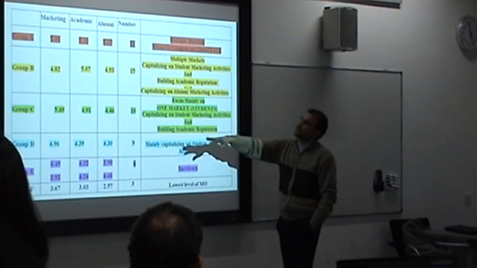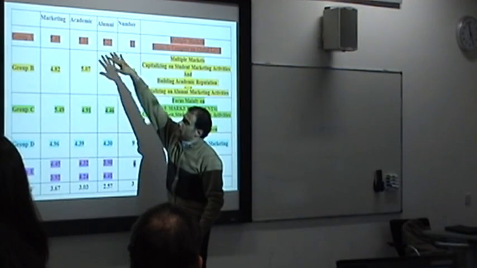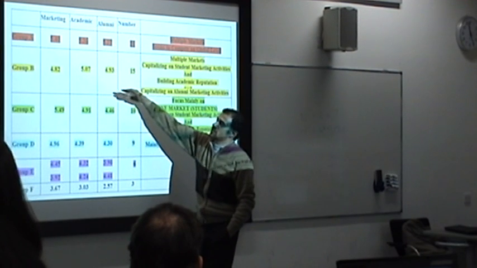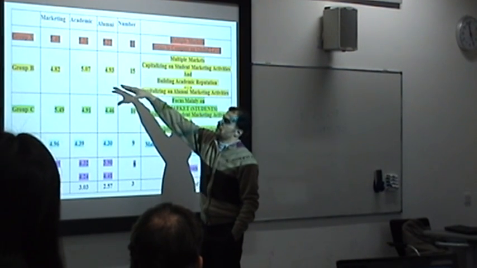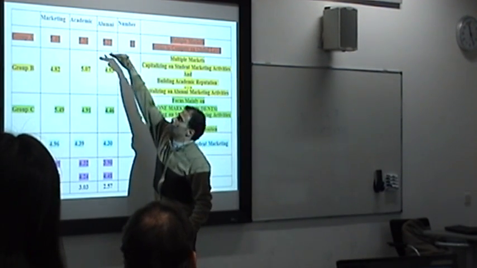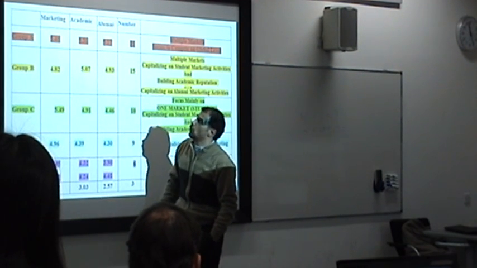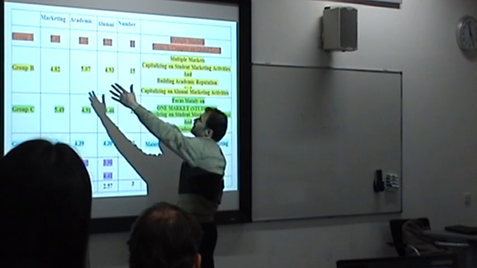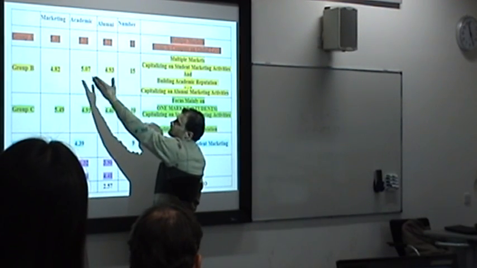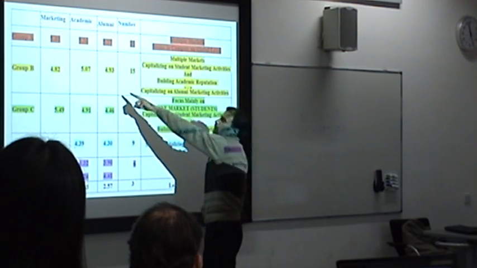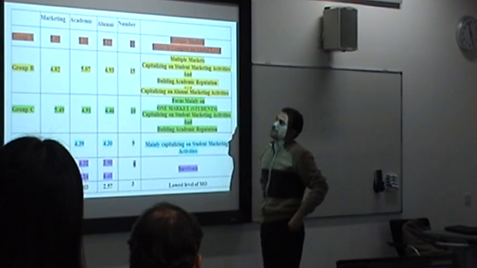Now, Group B is lower than Group A, but it's still relatively high from the three perspectives, which suggests that this group is trying to associate themselves with the top end of the market and also differentiate themselves from the lower end of the market by either capitalizing on student marketing activity or building academic reputation, or differentiating themselves by capitalizing on alumni marketing.